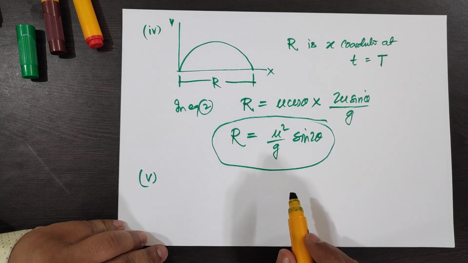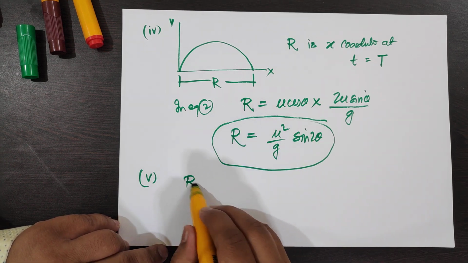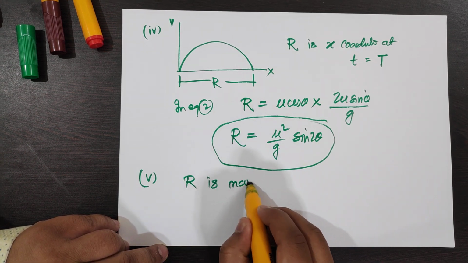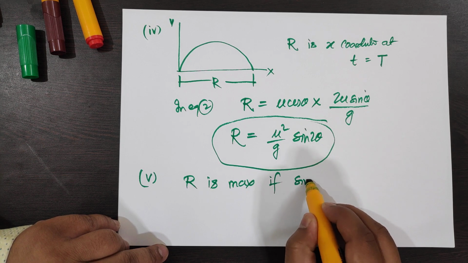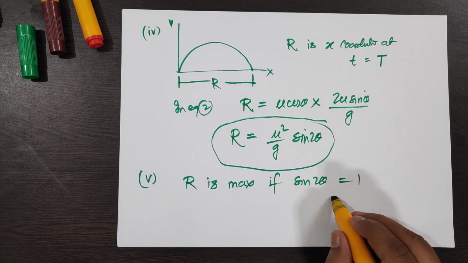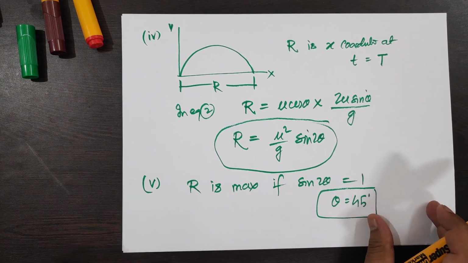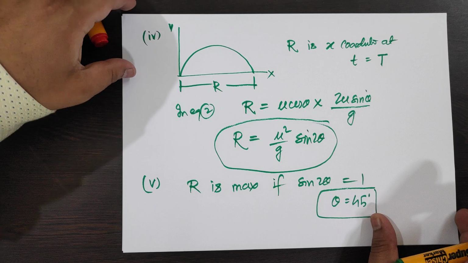Now next, the value of theta for maximum range. R is maximum if sine 2 theta equals 1, that is the maximum value of sine 2 theta. That is theta equal to 45 degrees.